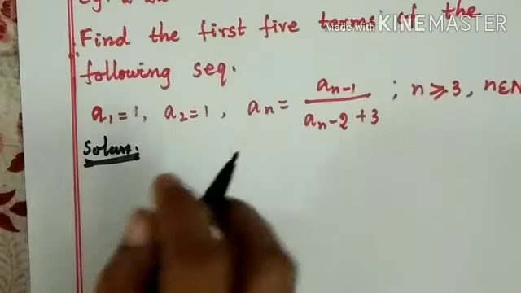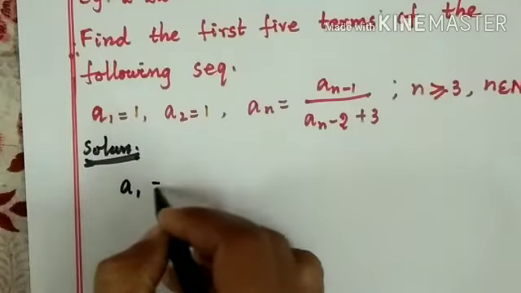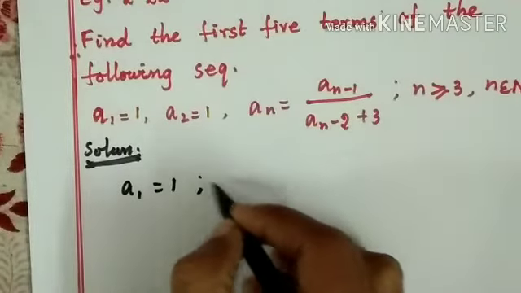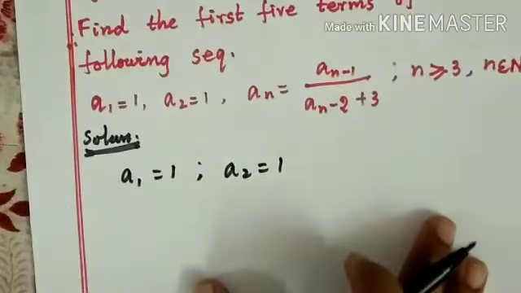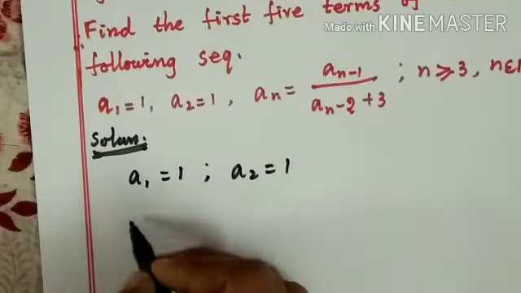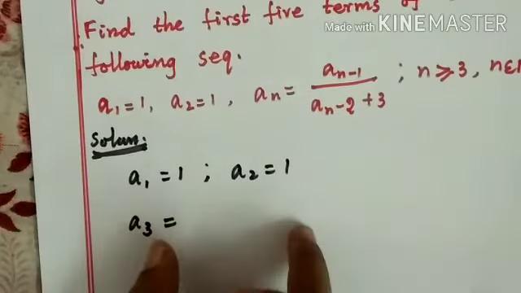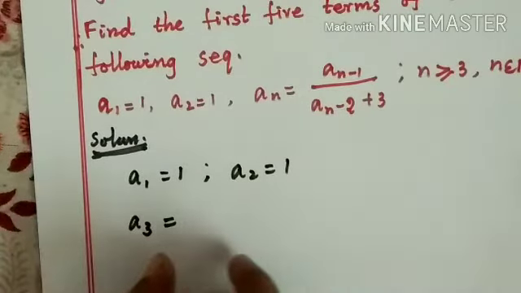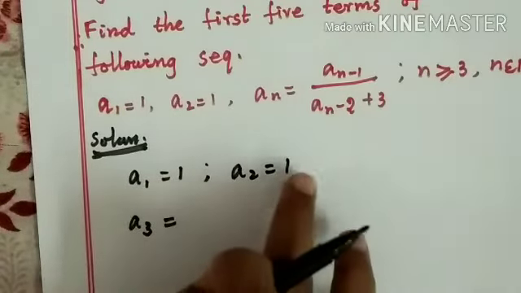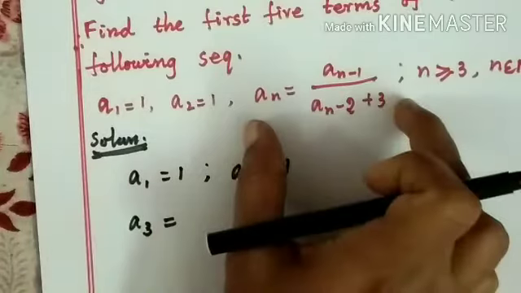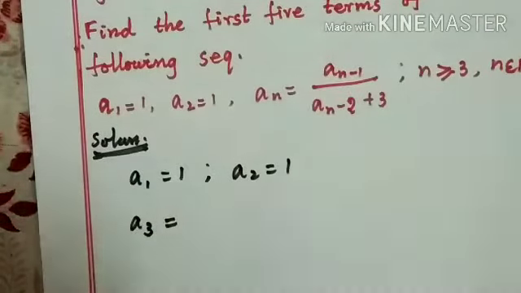Here the first 2 terms of the sequence, that is A1 is equal to 1 and A2 is equal to 1. Now you have to find the third term, that is A3. The third term A3 depends on the first term and second term. So using this general term for n, you put 3.